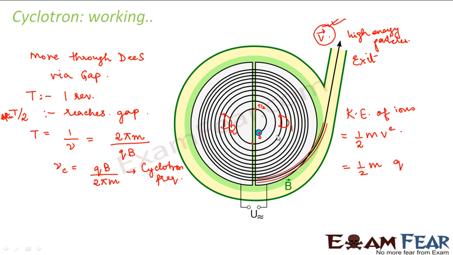Because here also it is the same thing. It is a charged particle moving in a magnetic field and electric field. So this v will be qBr divided by m, whole square. So the kinetic energy of the ions will be q square B square r square divided by 2m.